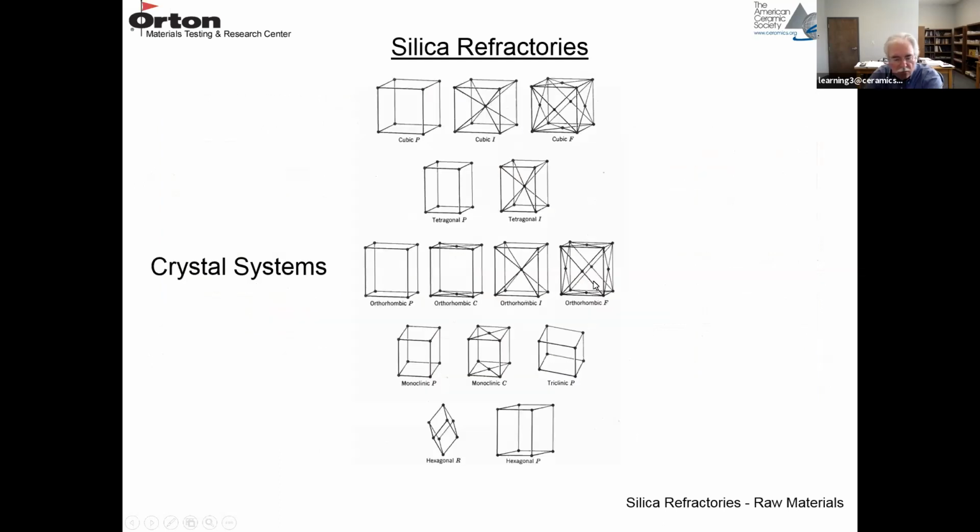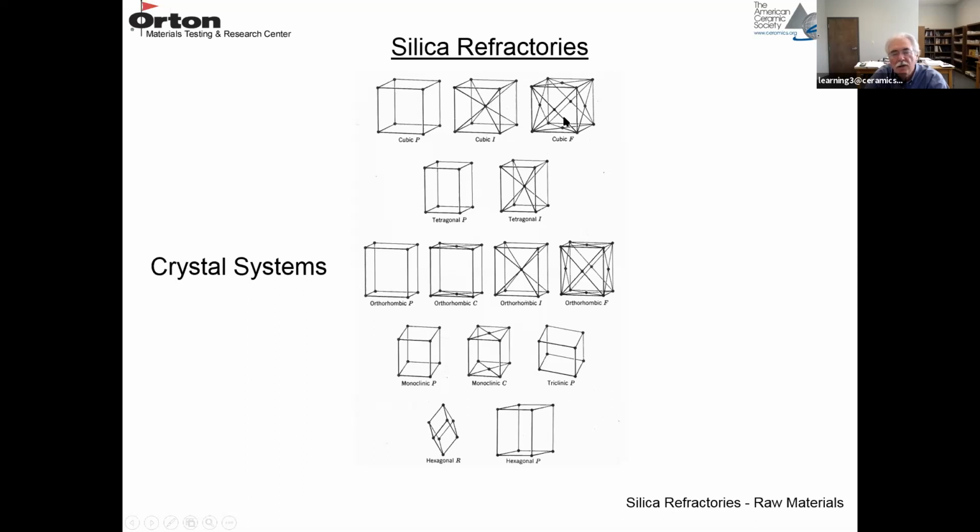So I just mentioned the different crystal structures, and so I showed this slide, I think the first day, but I'll show it again. There's a cubic structure, and the atoms are normally located at the corners. If it's body centered, there's an additional atom in the center.